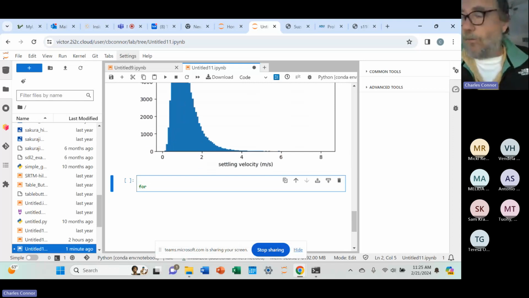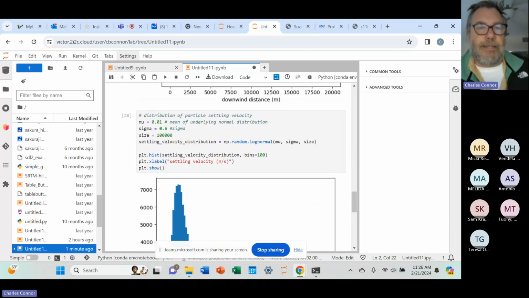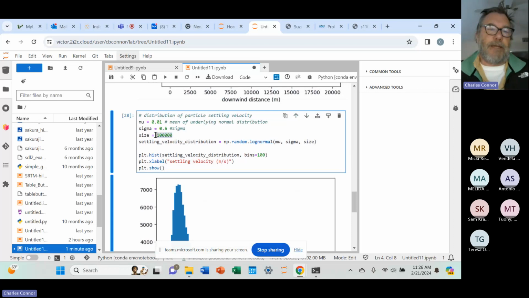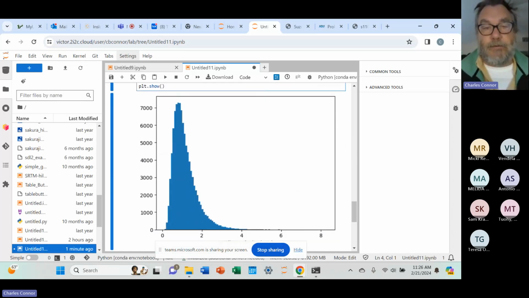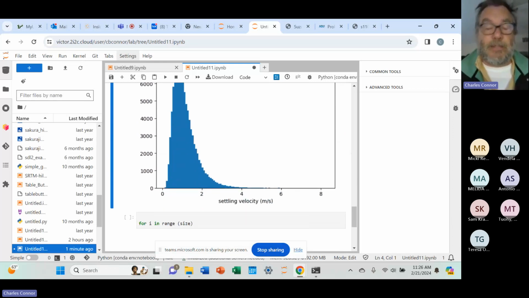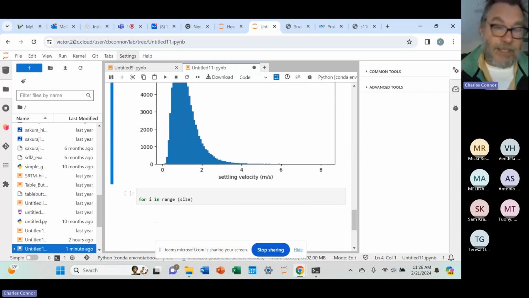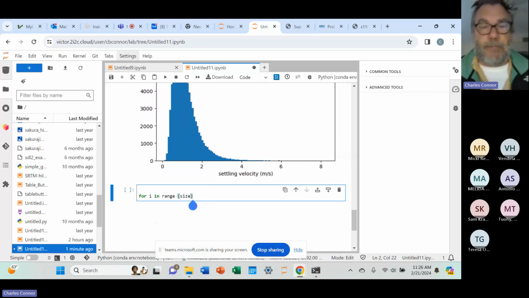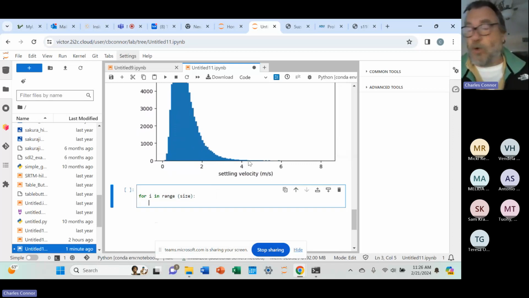So I'm going to say for, let's just use an index variable, i, and I'm going to step through for size. And size is the name of the variable I specified up here. That's the total number of particle sizes, or particle sizes/settling velocities, that I'm calculating. And I'm going to put a colon there.